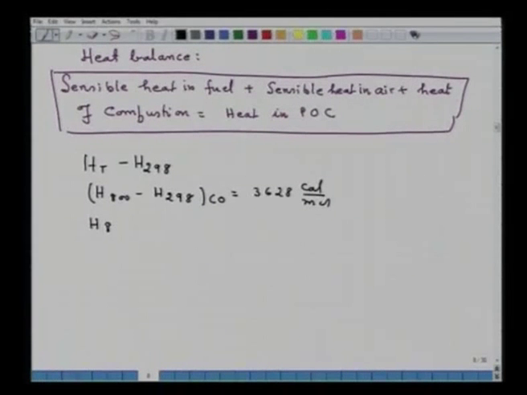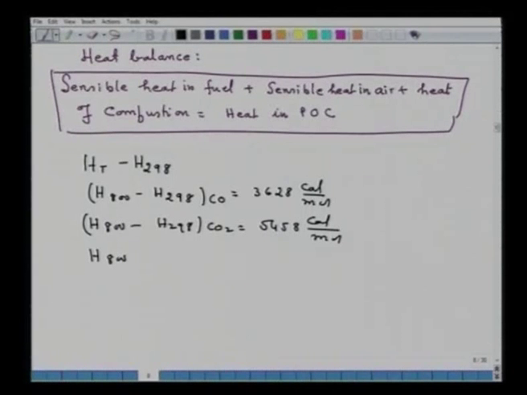Then H800 minus H298 for CO2, 5458 calorie per mole.